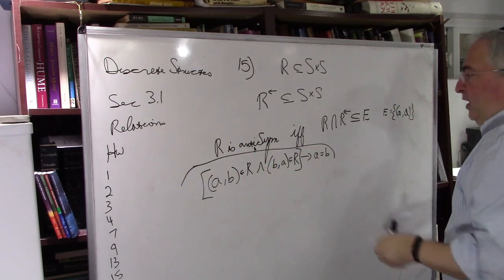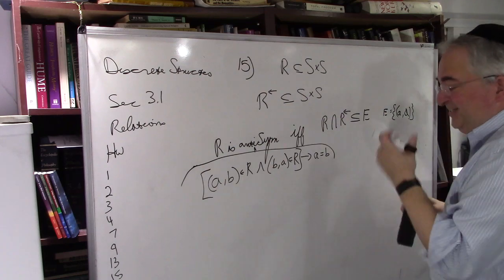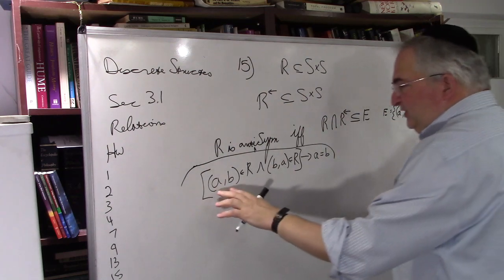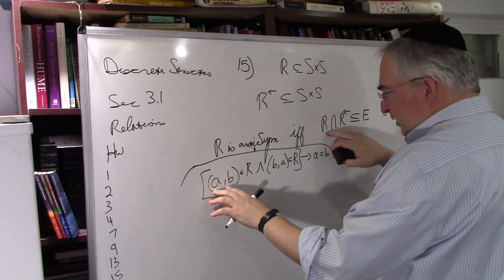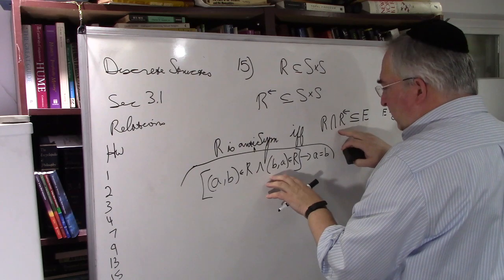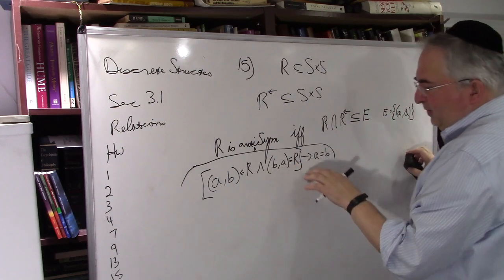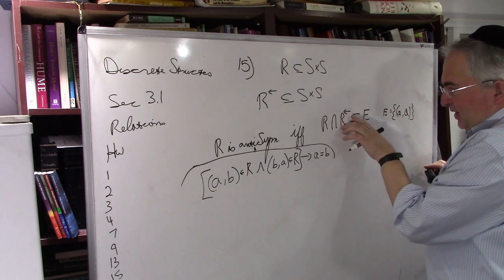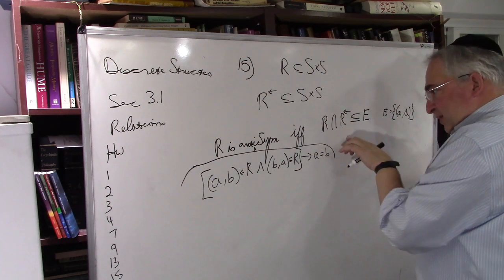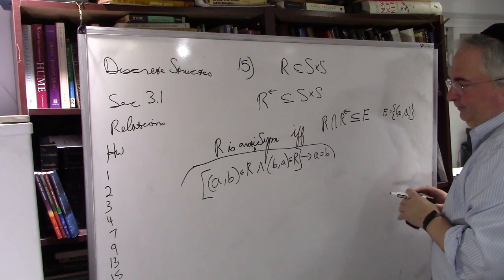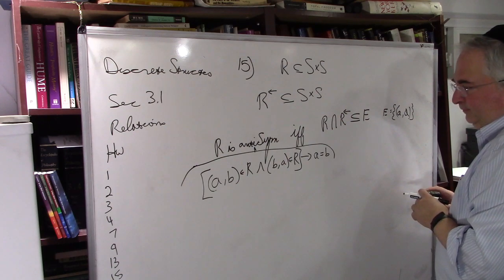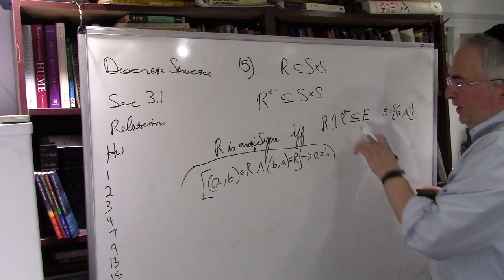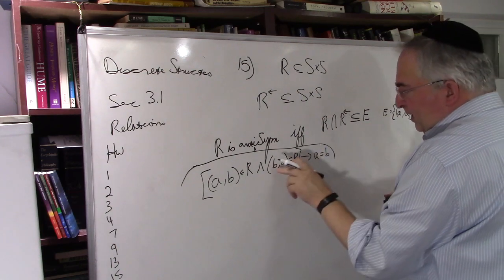Okay, let's go this way. You can almost read it. Well, look what it says. If A comma B is a member of R, that means it's in here, and B comma A is a member of R, that means it's in the inverse too. What's the inverse?